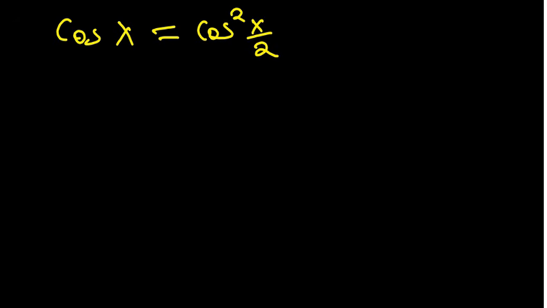We said cosine of 2x is equivalent to cosine squared of x minus sine squared of x. Now we'll go for the simpler one that we've just derived: cosine of x is cosine squared of x over 2 minus sine squared of x over 2. This one is going to help us derive the formulas for the half angle.